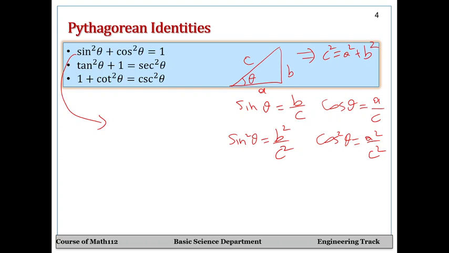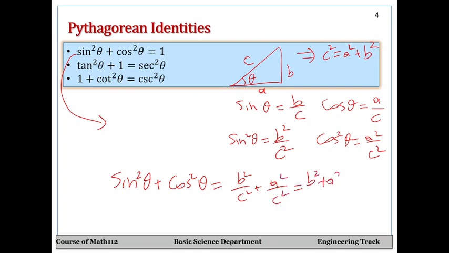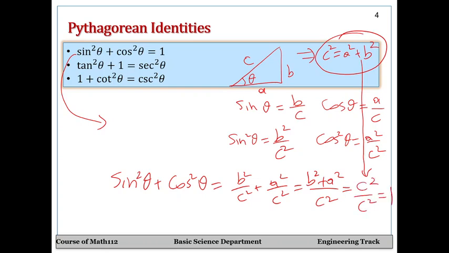When you add them, sine squared theta plus cosine squared theta is B squared over C squared plus A squared over C squared, which is B squared plus A squared over C squared. By Pythagorean, B squared plus A squared is equal to C squared, so it has to be 1.